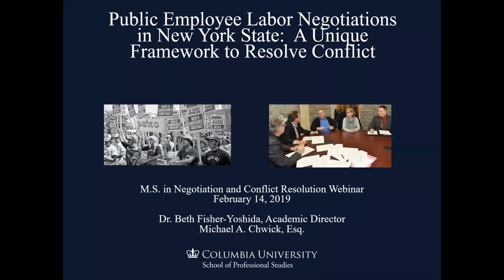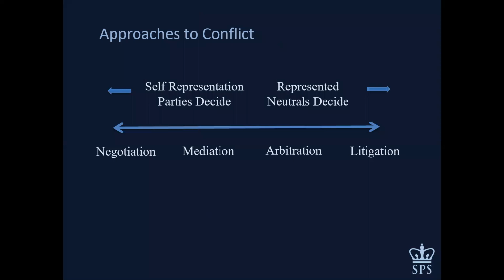So if we can just go to the next slide, I just want to set the context by talking a little bit about approaches to conflict, and then Michael will talk more in depth about labor negotiations. We see here there is a continuum, and on the left side it has a lot more direct participation by the parties themselves, and they're much more in control of the outcomes or the decisions being made.